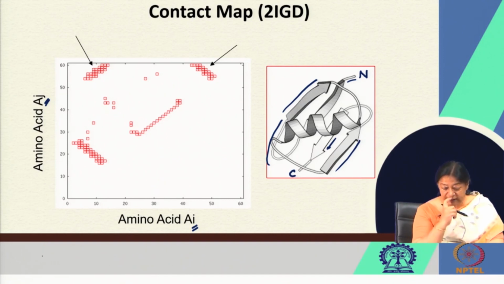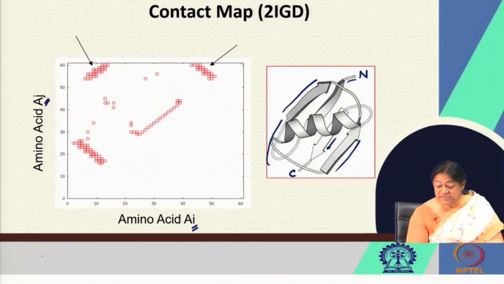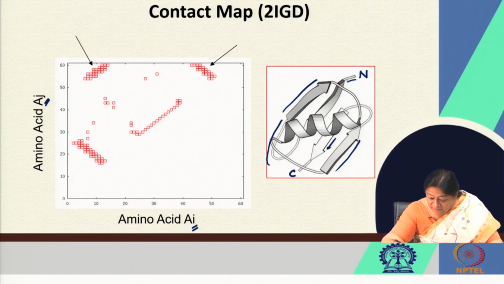So, if we try and now identify the regions of the protein that are close to one another in the specific types of beta sheets or the beta strands that we look at, and the alpha helix that we can see. If we look at this particular one, the one that starts and the one that ends, these strands are in the same direction, giving us a parallel set.